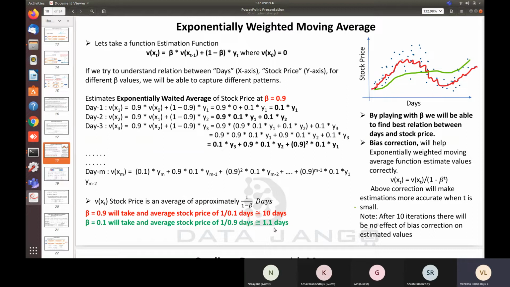If it is 0.99, it's going to be 1 by 1 minus beta, so it's going to consider about 100 days. So if you change this beta, you can identify how many previous days are affecting the current day stock price. That is the exponentially weighted moving average formula and the concept.